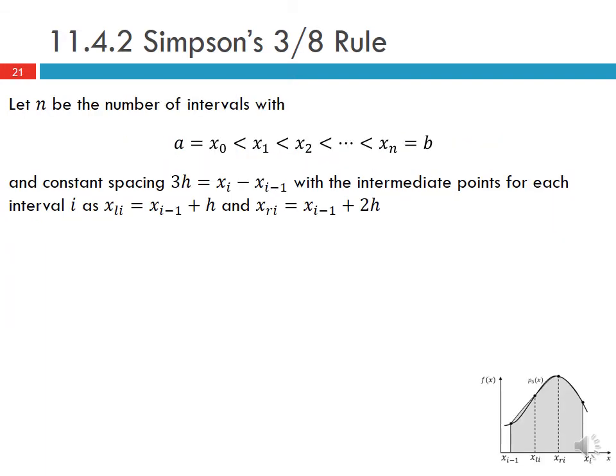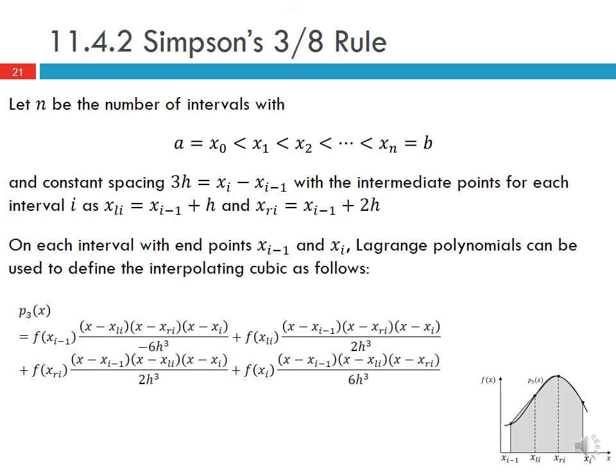So if n is the number of intervals, a is equal to x0 up to xn is equal to b with a constant spacing of 3h, then the intermediate points for the interval are denoted xl_i, which is equal to x_(i-1) plus h, and xr_i, which is x_(i-1) plus 2h. On each interval with endpoints x_(i-1) and x_i, the Lagrange polynomials can be used to define the interpolating cubic as shown here.